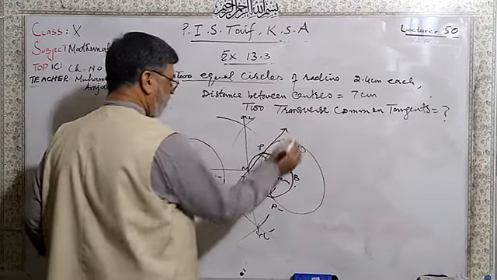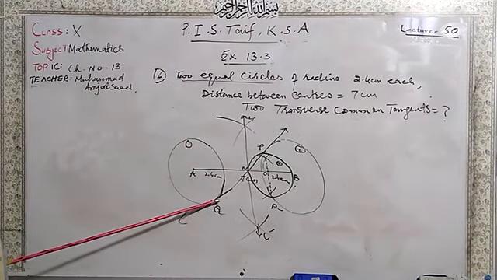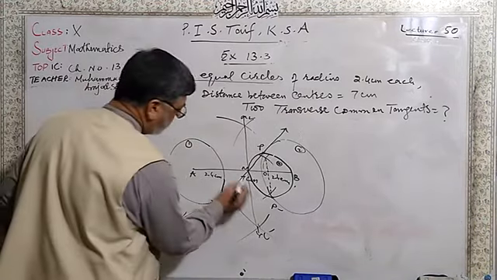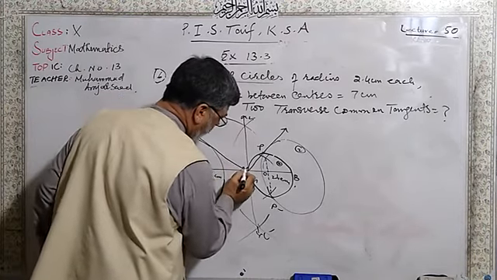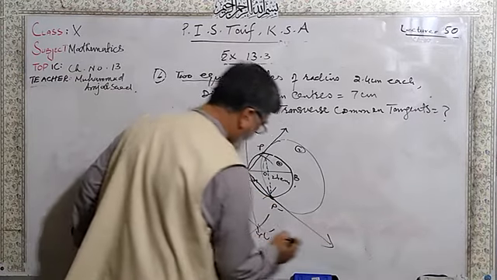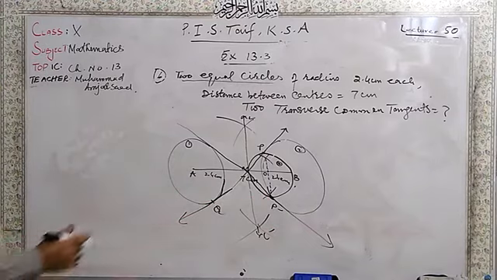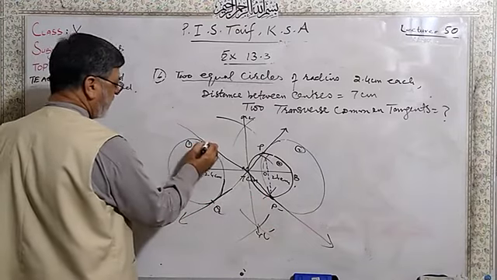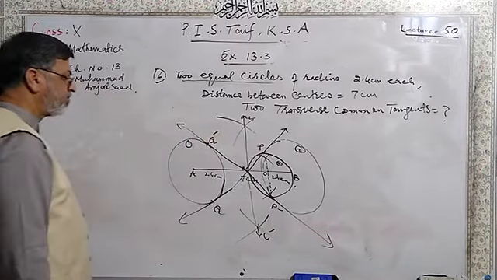So your transverse common tangent is PQ. Similarly, you will have the line passing through P dash and M and touching circle number 1 at point Q dash.